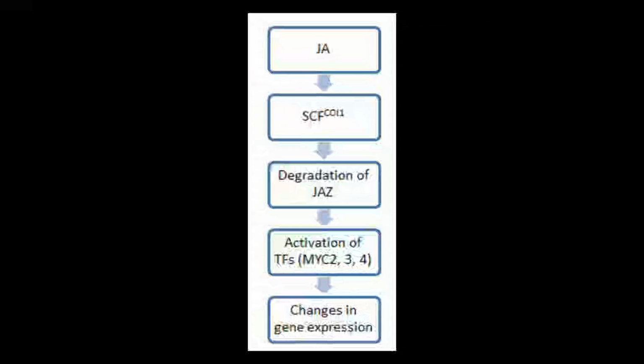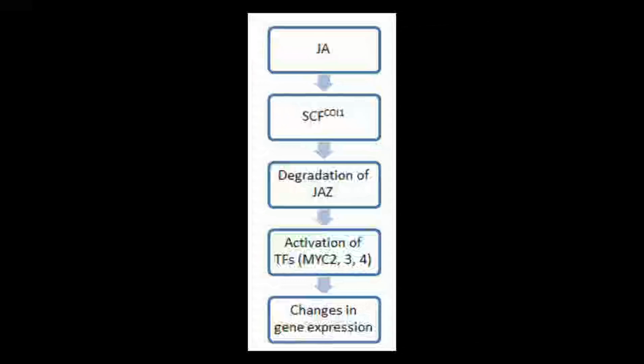In the absence of jasmonic acid isoleucine, jasmonate ZIM domain proteins suppress the activity of transcription factors, for example MYC2. Upon binding of jasmonic acid isoleucine to COI1, JAZ proteins are ubiquitinated and degraded by the 26S proteasome.